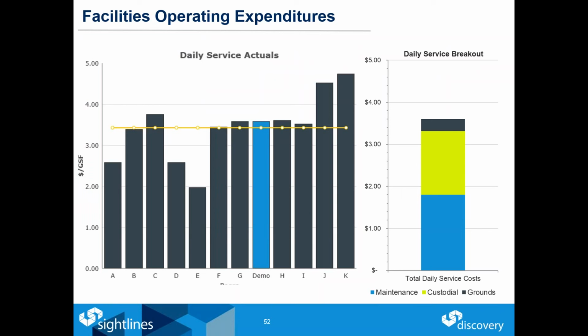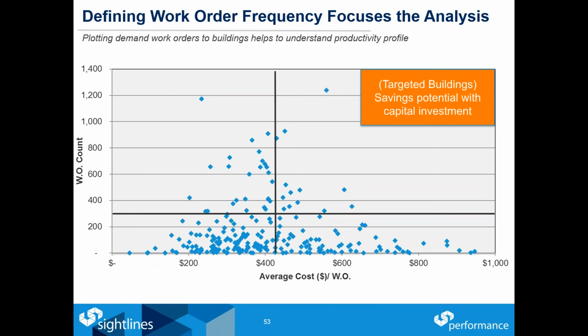One example is an institution where a focus of theirs was daily service costs. They were concerned that their day-to-day maintenance expenses were going up over time. So working with them, we really drilled down to figure out what was driving those costs, and a very simple graph was developed based upon information from the work order system.